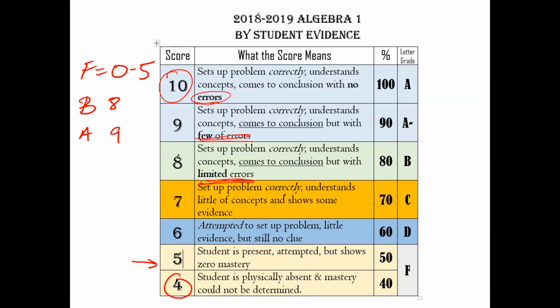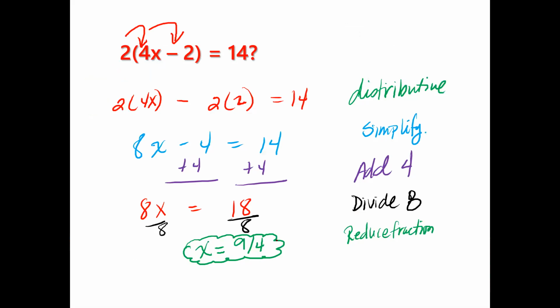A 7 means that you set up the problem correctly, you understand little of the concept, and show some evidence of understanding it. A 6 means that you attempted it, you set up the problem, but you really still have no clue what you're doing. A 5 means that you just showed up to my class and didn't really do anything. And if you get an M for 0, that means you were absent for class, which means you need to make sure that you get it done.